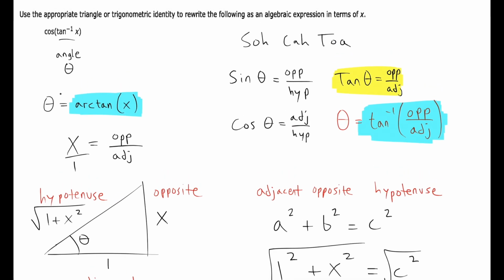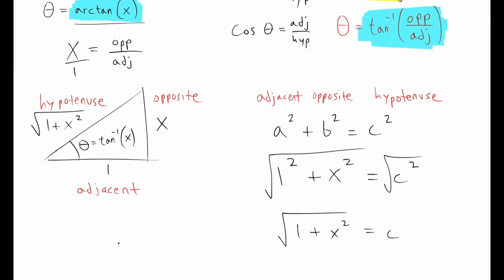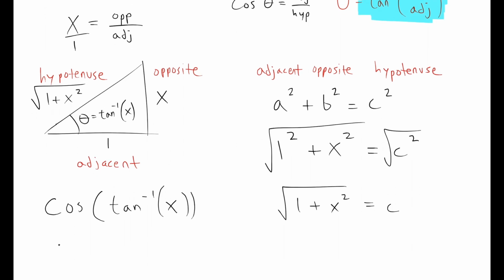And so now we have to remember that I defined theta as the arctan of x. And what this problem is asking us to do is find the cosine of the arctan of x. So they want us to find cosine of theta.